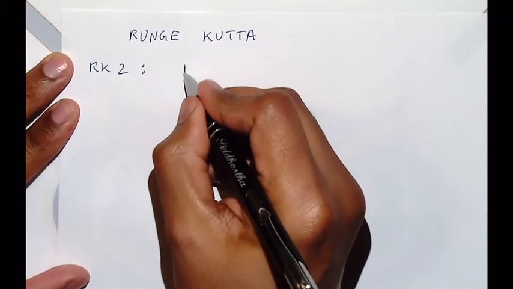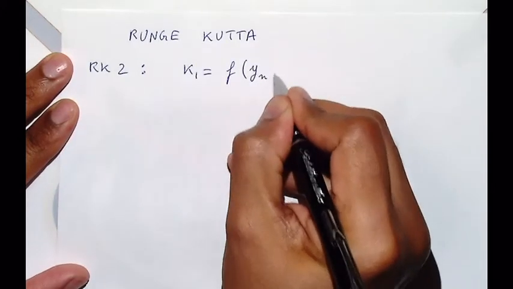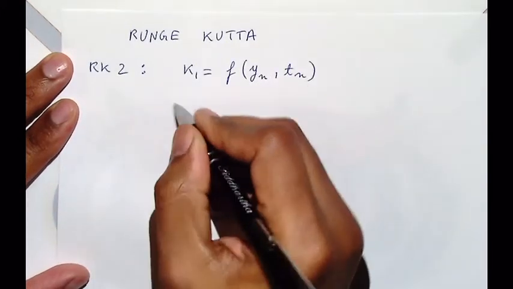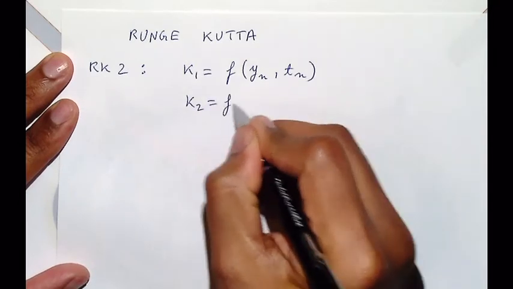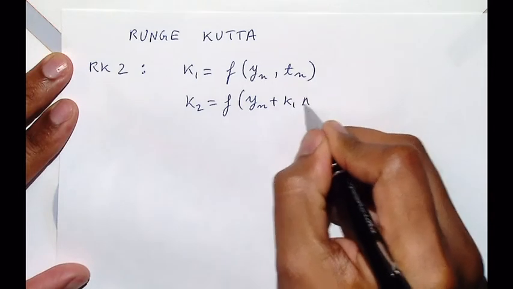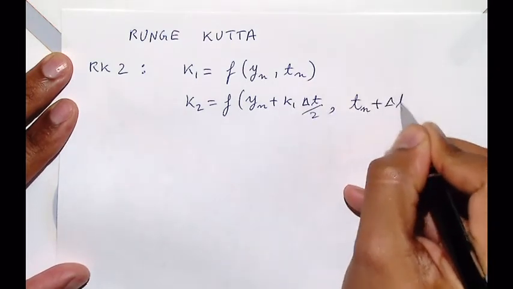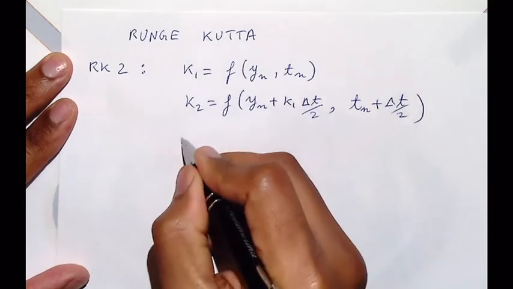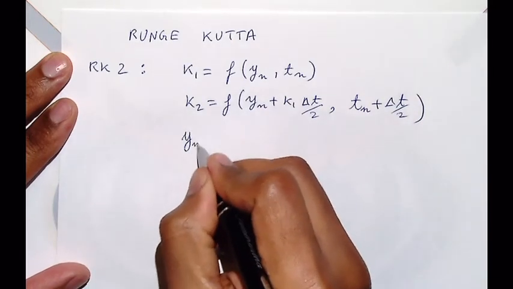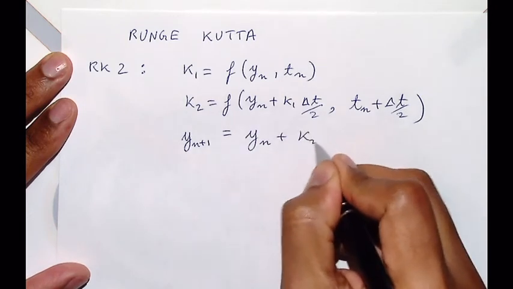It will say k1 equals f of yn, tn, and k2 is f of yn plus k1 delta t over 2, tn plus delta t over 2, and finally yn plus 1 is yn plus k2 delta t.